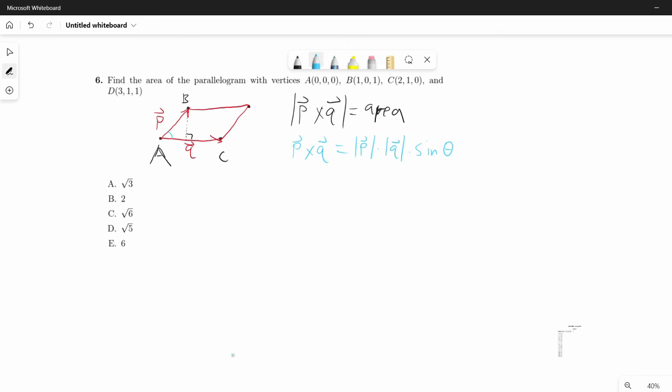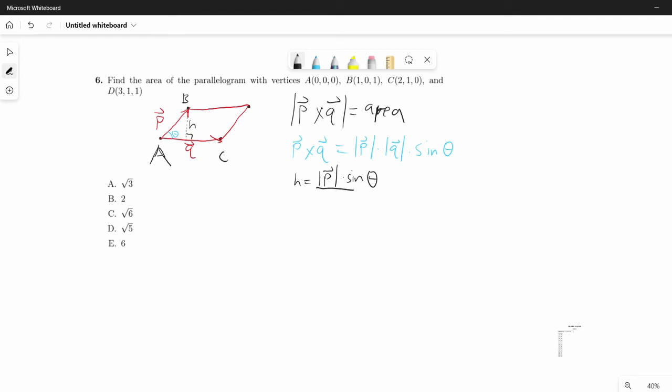In this case, this is the angle in between, and if you look at it, this height here, let's say it's h, right? H is just the length of P times sine of theta. Sine theta is opposite over hypotenuse, so times the hypotenuse by the sine of the angle, you get the opposite side.